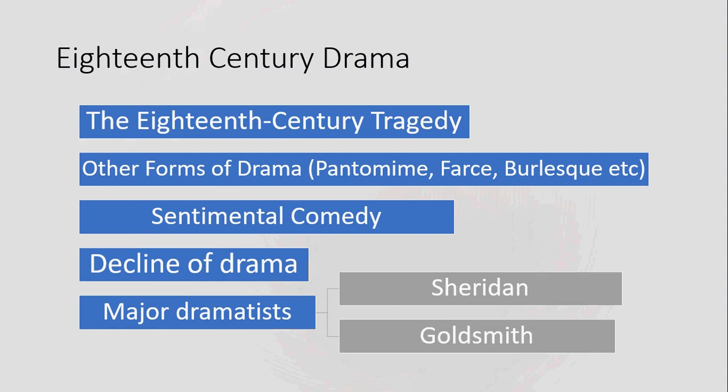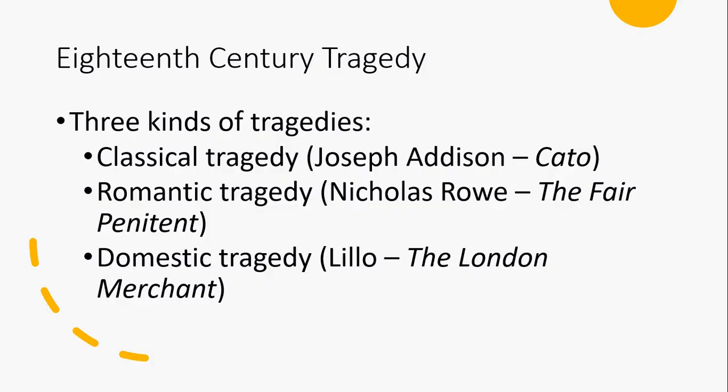Two major dramatists of this period that you should know about are Sheridan and Goldsmith, R.B. Sheridan. Let us take a quick look at the kind of tragedy that was being written during the 18th century. We have three different types of tragedies that were written during this period. I have given one playwright and one play as example against each type.